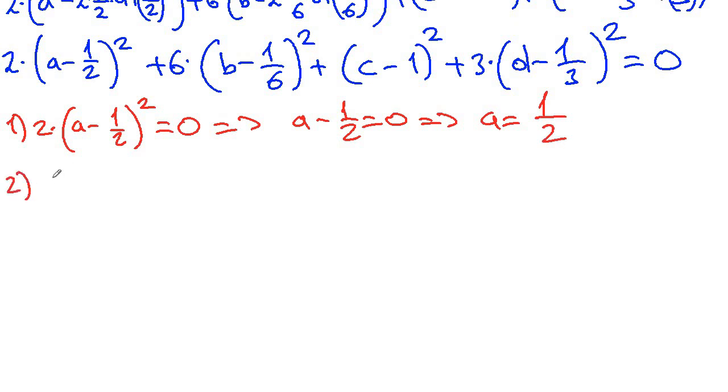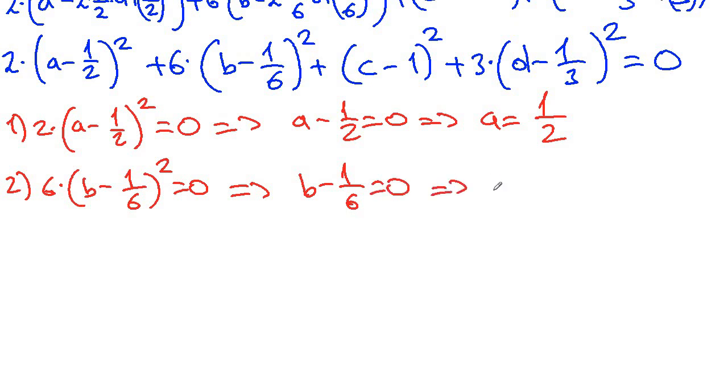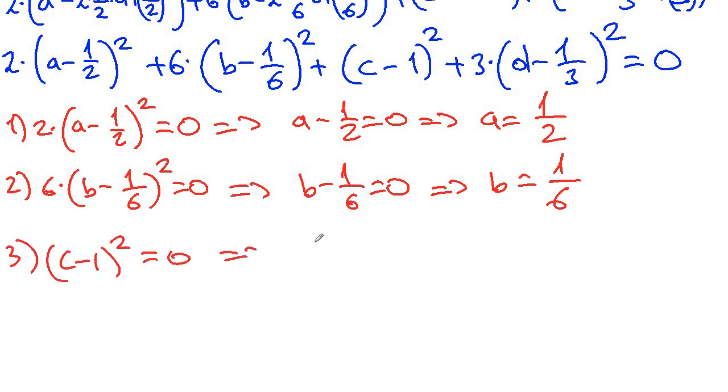From the second one, 6 times b minus 1 over 6 to the power of 2 is equal to 0, and here I will get b minus 1 over 6 is equal to 0, and simply b is equal to 1 over 6. And from the third one, c minus 1 to the power of 2 is equal to 0, and here c minus 1 is equal to 0, and simply c is equal to 1.